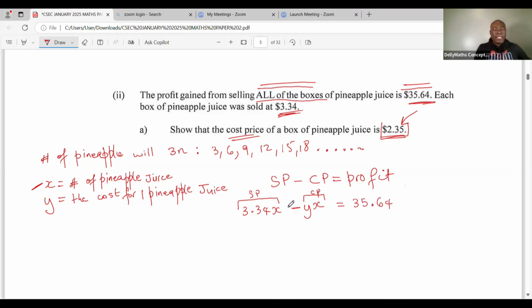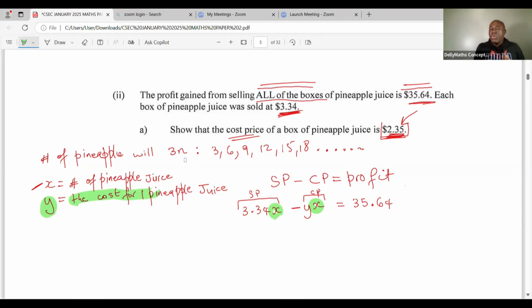Now, the deal is that if you look here, when they said that the cost price is $2.35, we're going to prove that the selling price is $3.34. You're seeing that we are making almost $1 on each. So what we need to do is substitute values for x, because that's representing the number of pineapple juices that were sold, and it's going to help us to find the cost for one, which is y.